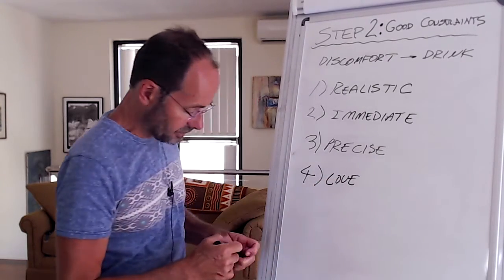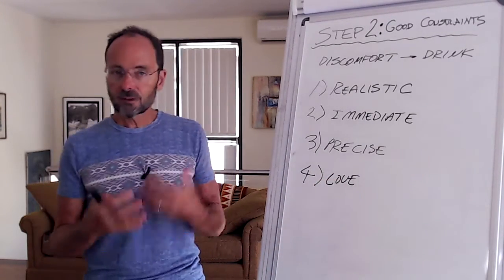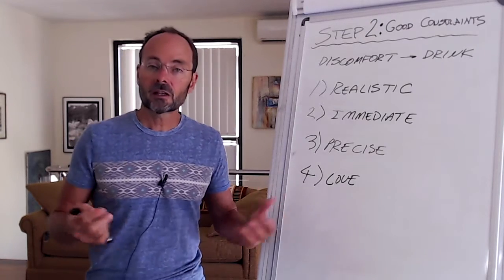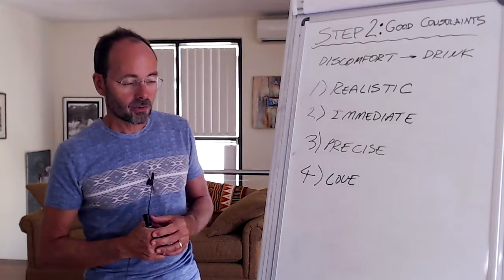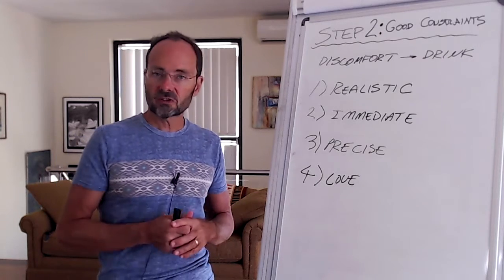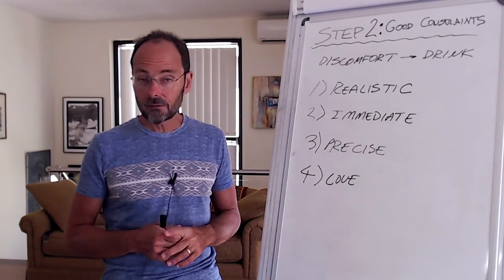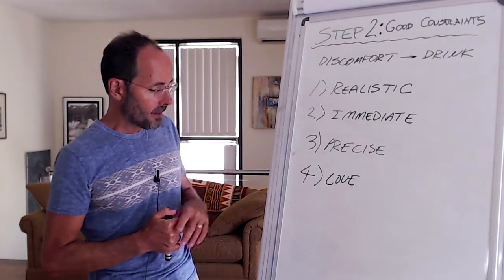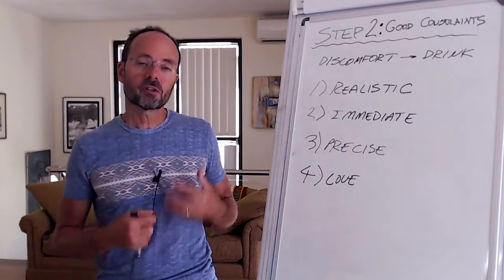And finally, you want to set these constraints from a place of love for yourself, for appreciation that you're taking on a challenging task, that you're setting yourself up for some discomfort and maybe even a chance for short-term failure, for setbacks. You want to have compassion for yourself.